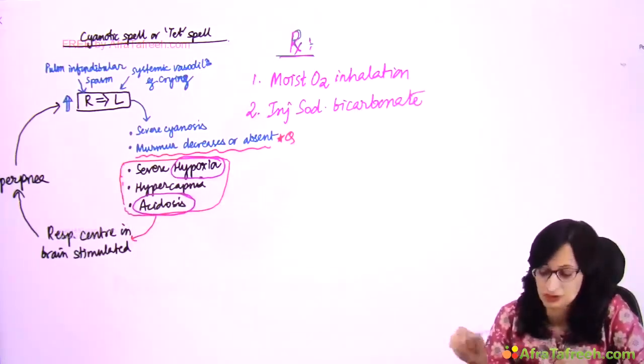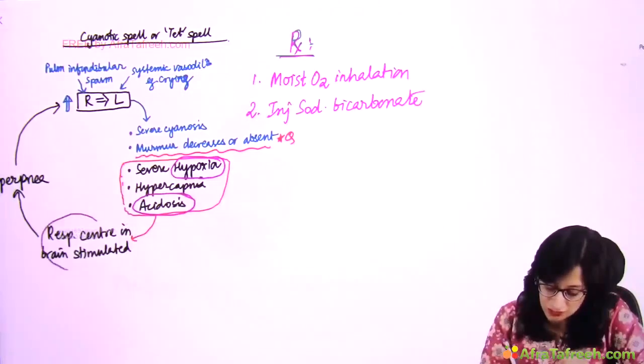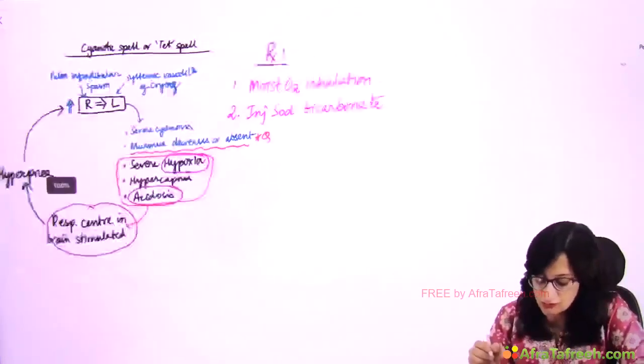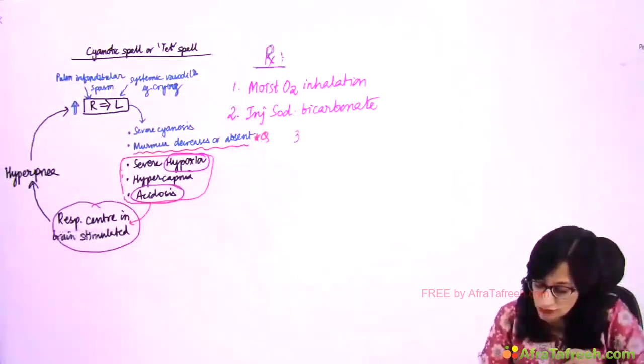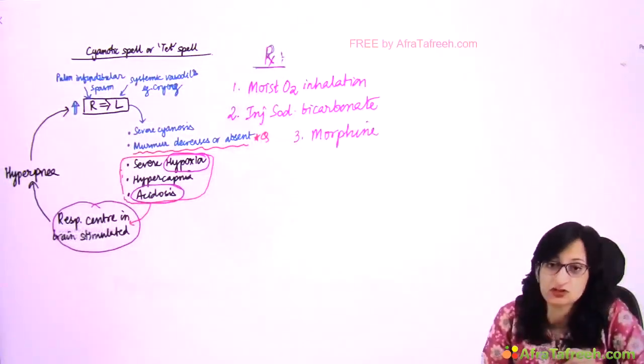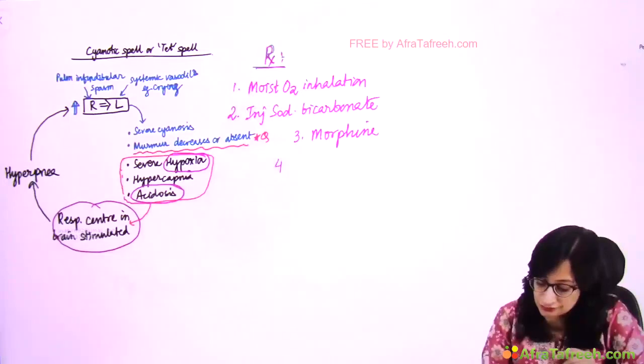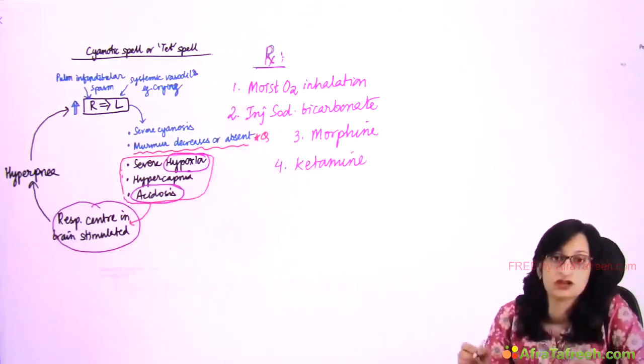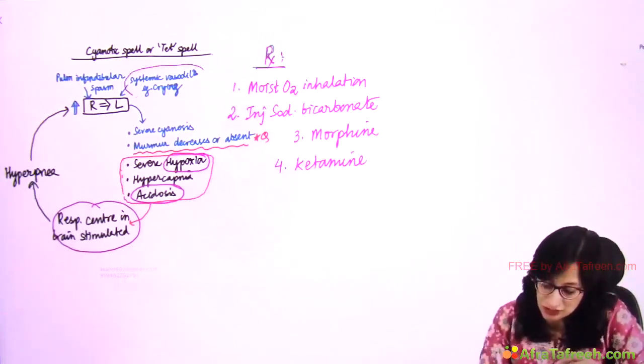This stimulation of the respiratory center in the brain is causing problem. So you can use morphine, or in severe cases, you can even use ketamine. This systemic vasodilatation is causing problem.